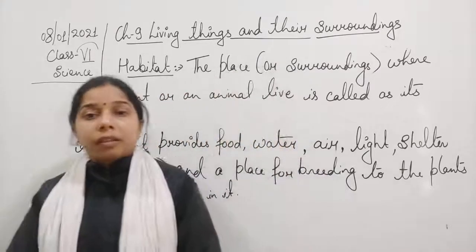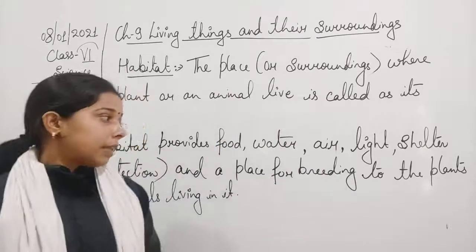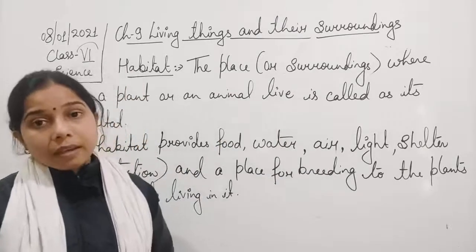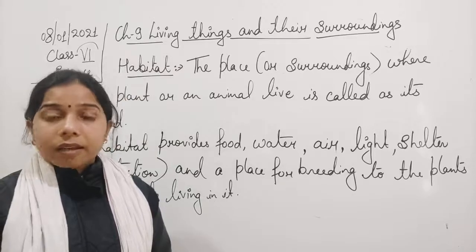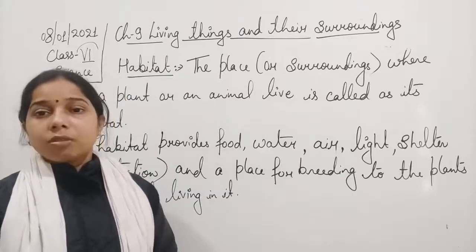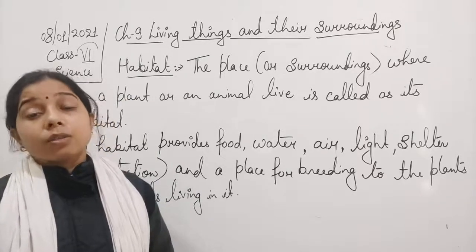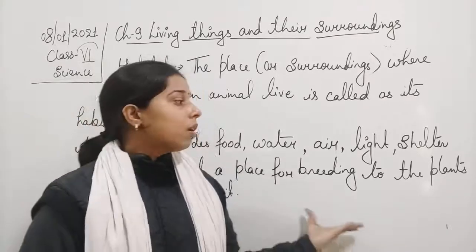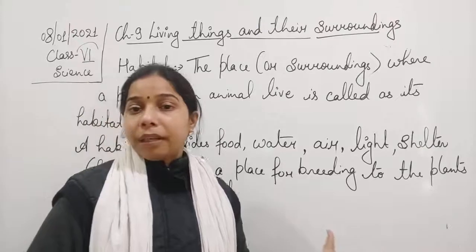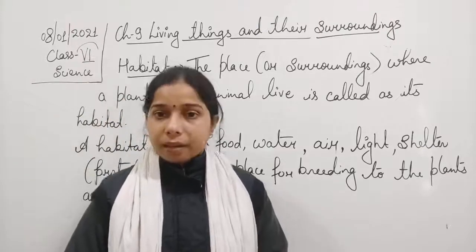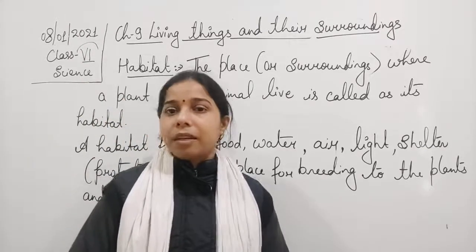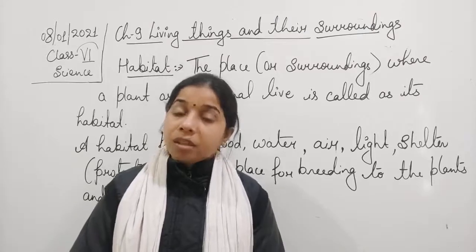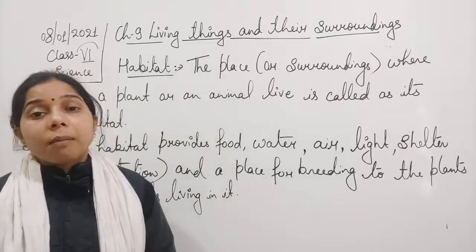The things important for their survival are water, food, air, light, student, and shelter. So these are all very necessary, and they also want to increase their number, their species. So that place must be a good breeding place for that particular living organism. Okay, so we have understood the term habitat.